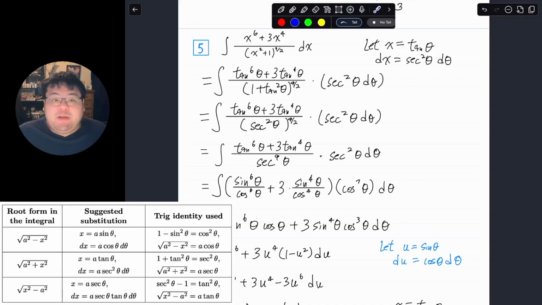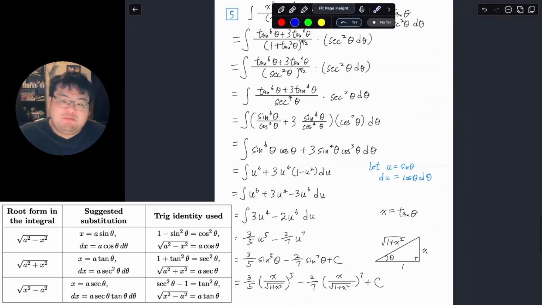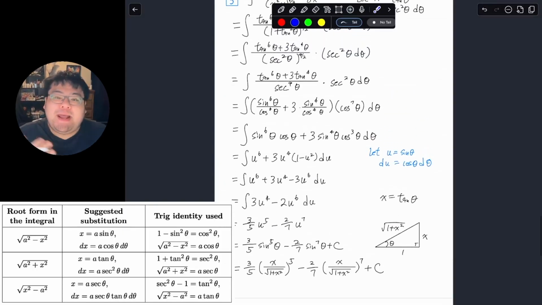You simplify your integral in the theta world, and do you know how to evaluate those theta integrals? That may require some knowledge of trigonometric integrals. So this is the fifth example, which is one of the longer examples, but at least it's still doable.